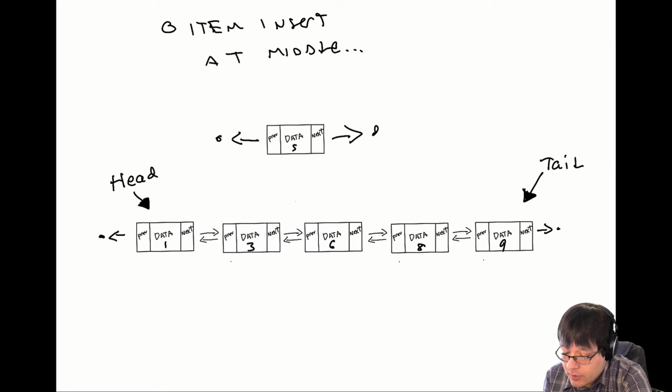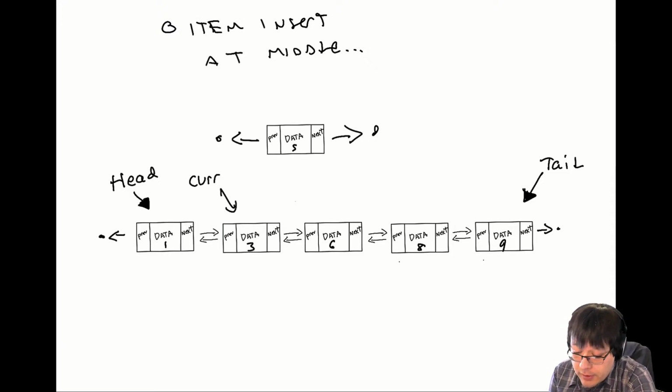So what we need to do is first traverse the linked list and get here. And once we're here, let's say that we're holding a pointer called cur that is pointing to this node. Okay? Once we're doing that, we need to be very, very careful and first copy cur next into our new node, which has to have a name when we allocate it.